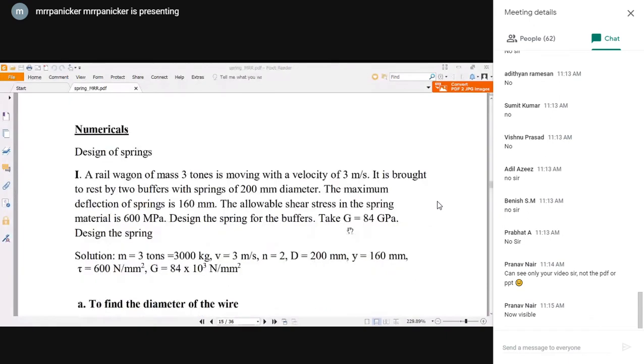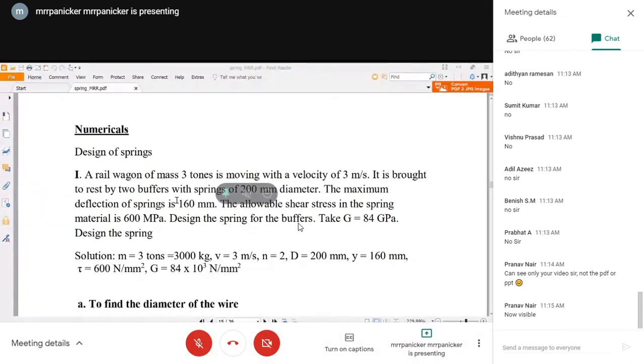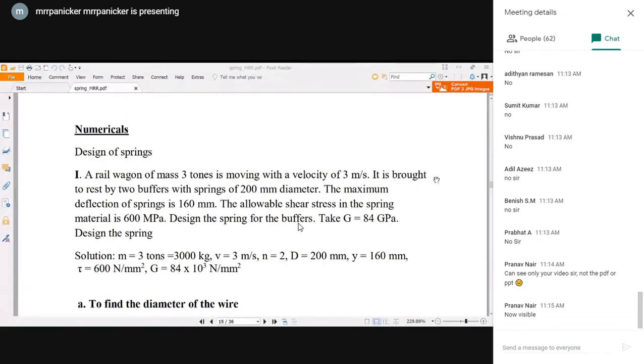We'll do one. I will try to discuss 1 or 2 problems. This is a wagon that is moving with a velocity and is brought to rest by springs. Maximum deflection is given. Allowable stress is given. Design.